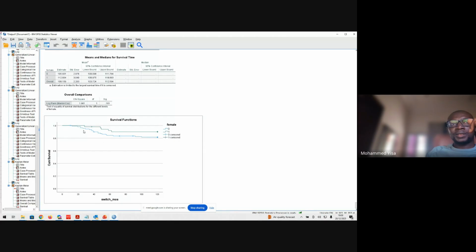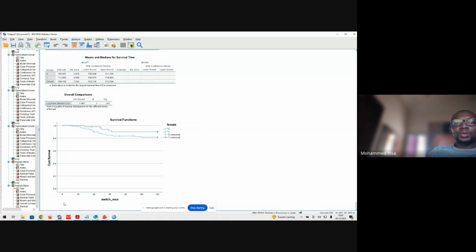And for the group that is in blue here, it means that they are dropping out at a faster rate than the group in green. So let's say the blue are men and the green are women. It means that men are actually dropping out at a faster rate than women.